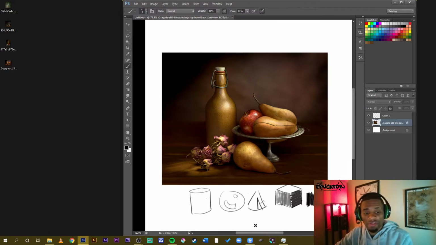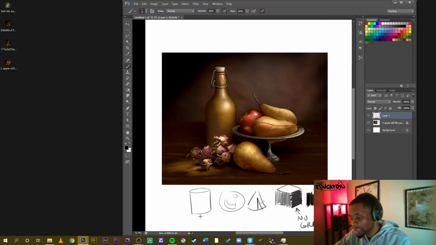Okay, if it's flat like a cube, always remember, no gradient. If it is round like any of these jokers here, it is gradient. You're gonna have a gradient when there is shading, okay?